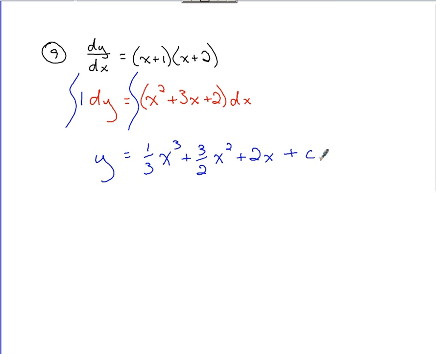Okay, this problem does have additional information, and because it has additional information, that means we can figure out what the constant value is. We're also given that y is negative 3/2, and x is negative 2. So we'll plug in negative 3/2 for y.